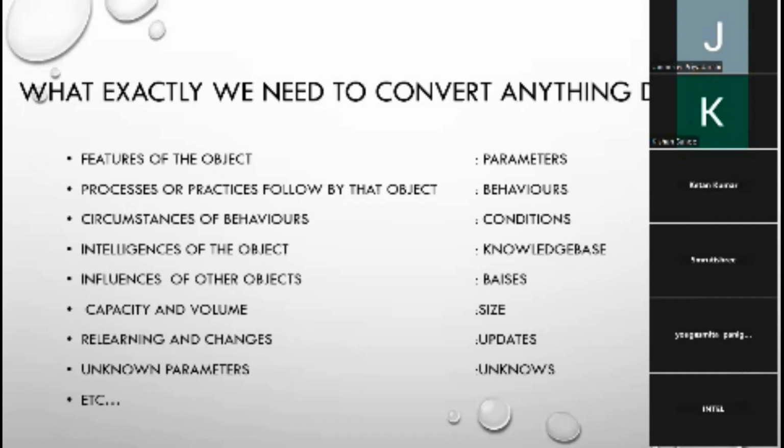Influence of other objects. Can this lunar calendar be influenced by others? The answer is yes, it can be influenced by others. Then influence by other objects. Like if you know, the Georgian calendar changed many times.